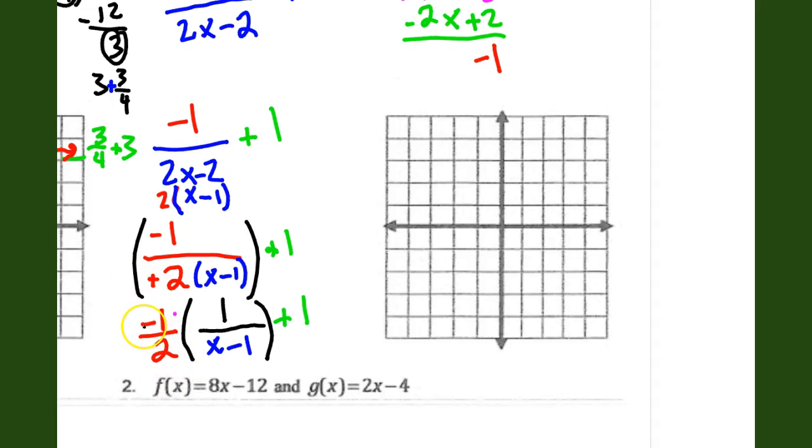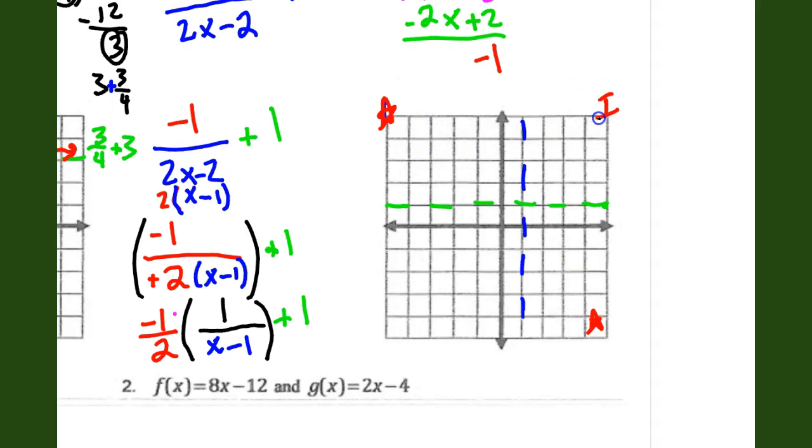Right? So I have a -1/2, right, which means it's going to flip. So we got a horizontal asymptote of 1. We have a vertical at +1 as well. And since it's negative, I'm going to graph in these two quadrants, which are the second and the fourth.